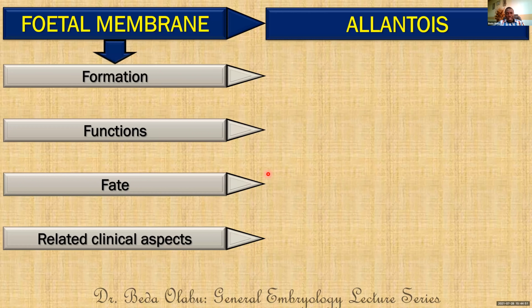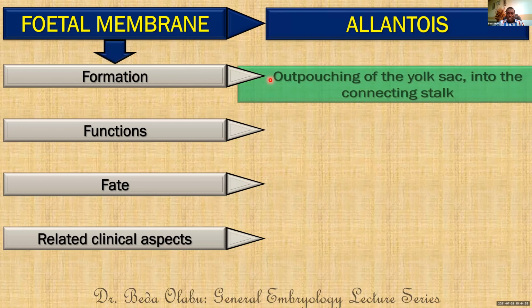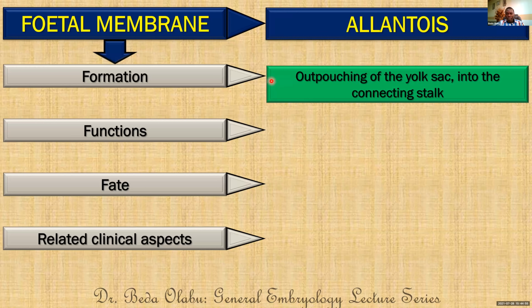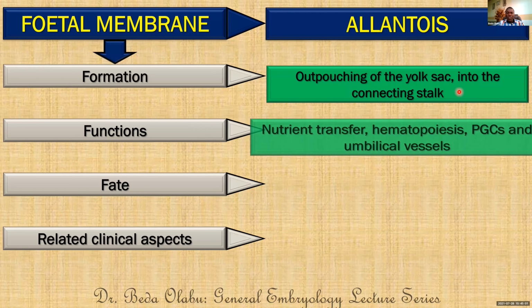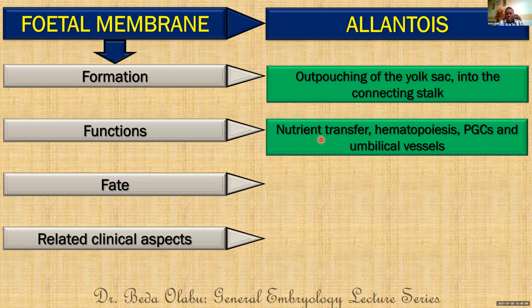So we're done with the Allantois. In terms of formation, it's an extension of the Yolk Sac into the connecting stalk. In terms of functions, the functions of Yolk Sac are also here: transfer of nutrients, hemopoiesis, give rise to primordial germ cells. And then unique to Allantois is that it contributes to formation of the umbilical vessels.